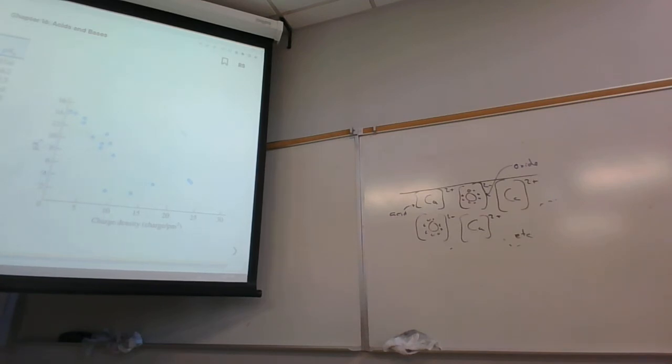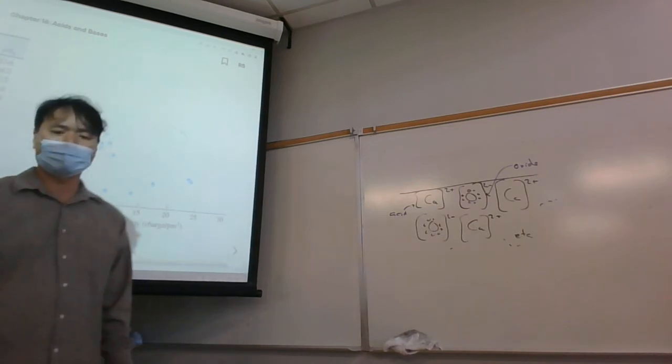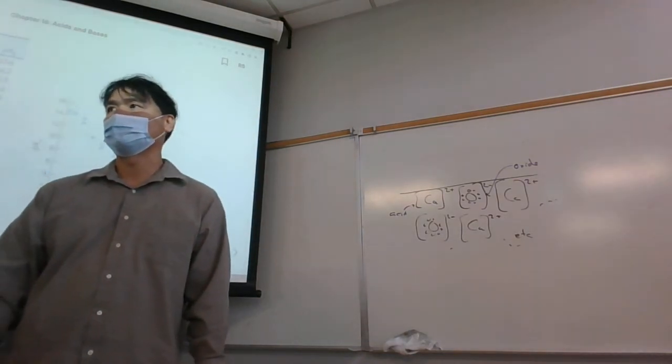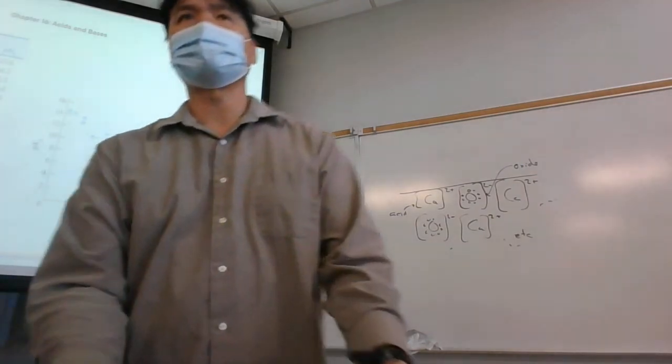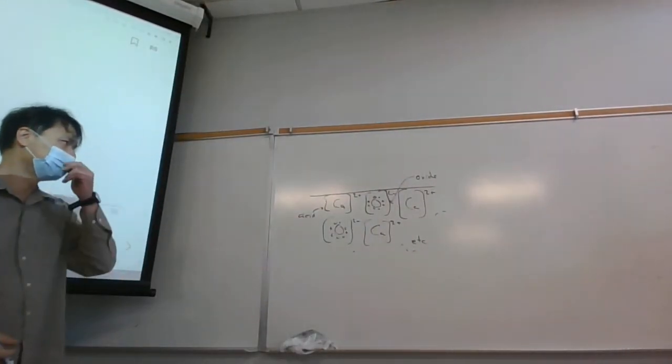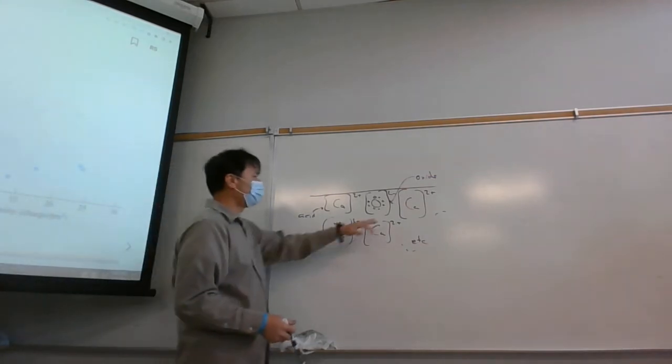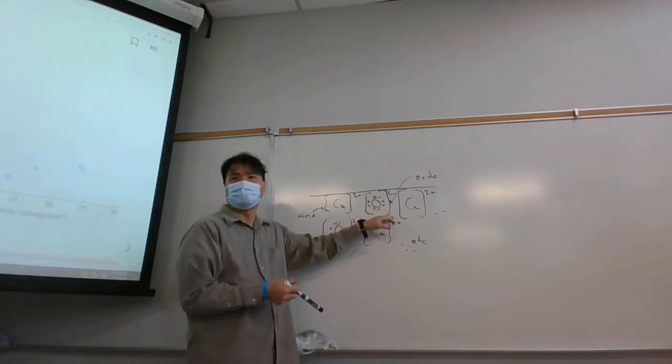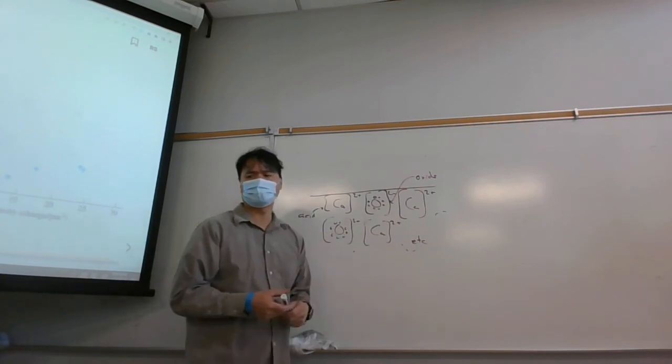The strongest base that can exist in water is hydroxide. So oxide doesn't exist in water because you can't make an aqueous solution. Let's say you tried to make a 1 molar aqueous solution of oxide, you wouldn't be able to, because what's going to happen is the oxide is going to immediately attack water to form hydroxide.